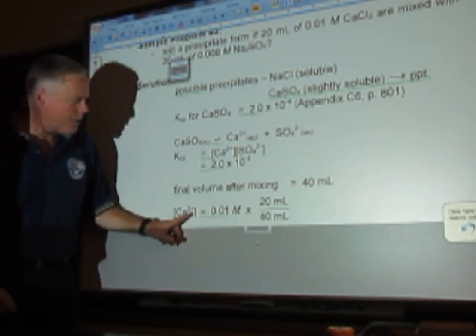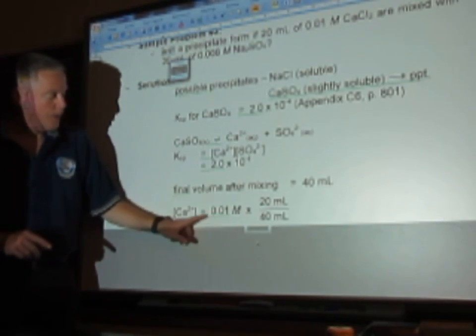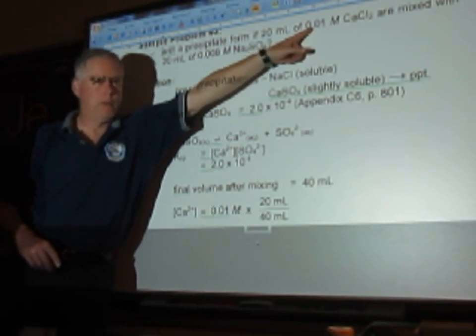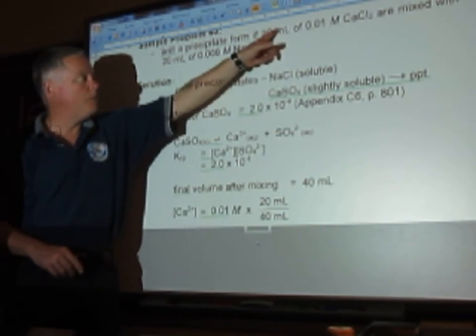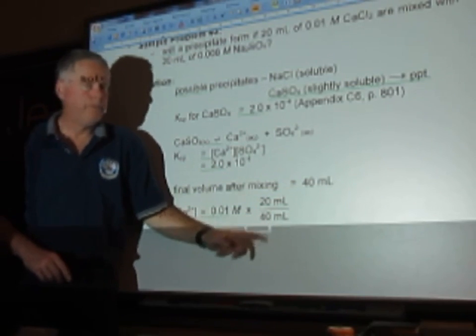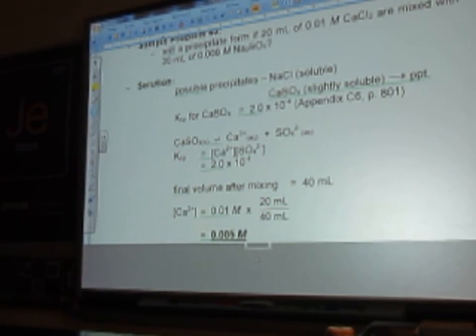My new concentration for calcium is equal to the original concentration multiplied by the old volume divided by the new volume. And that's going to give me my new concentration of calcium.